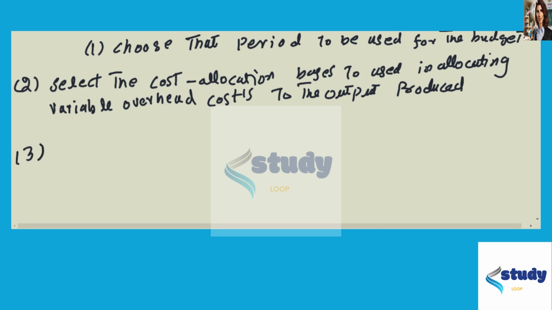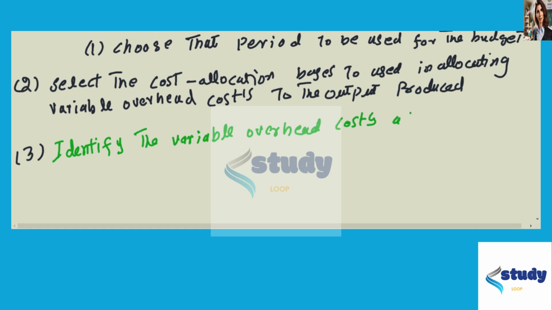And here is the third step. The third step is to identify the variable overhead costs associated with each cost allocation base, right?